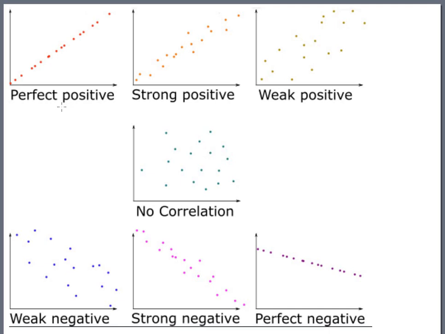We've got examples here from a perfect positive correlation. Positive just means as one thing gets bigger, the other thing gets bigger too. So there's a perfect positive correlation, and a strong one and a weak one, still positive, kind of a general upward trend. The one in the middle is like no correlation. The one thing does not seem to predict the other thing at all. It's just a cloud. And then we go into looking at some negative correlations, weak and strong and perfect.